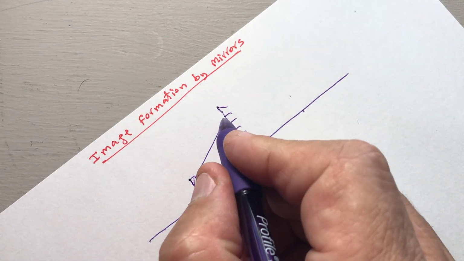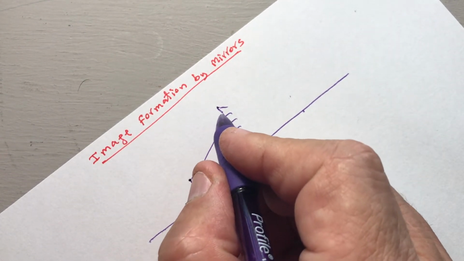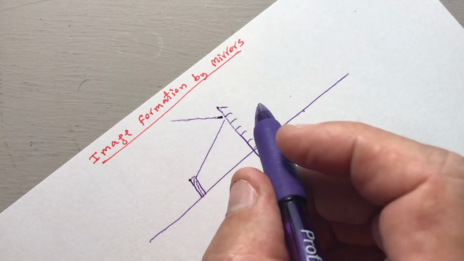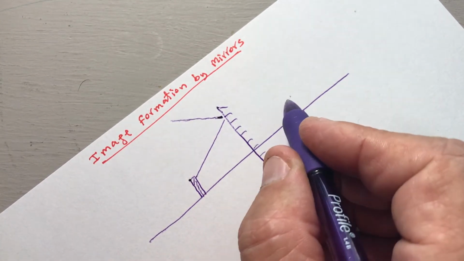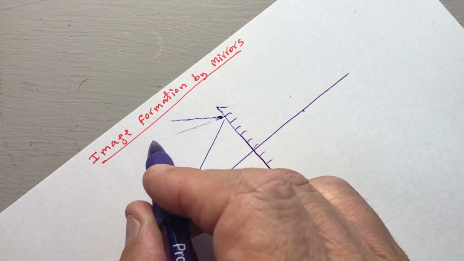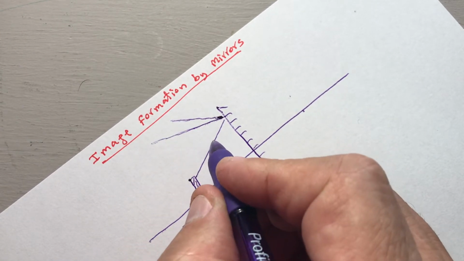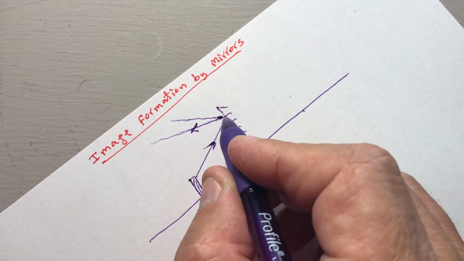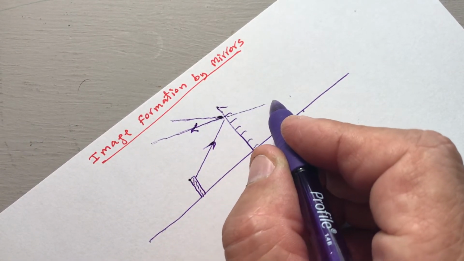Let me change the paper. It's going to reflect like that. And this is just the projection. You see, I have to do reflect like that. So you have coming in, reflecting, and then the projection.